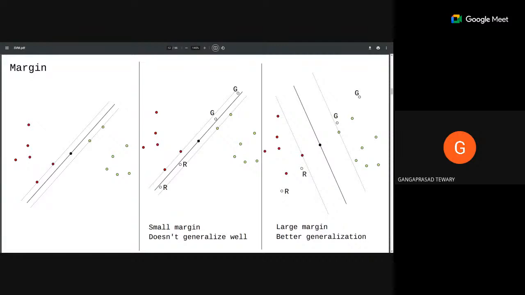Sorry, I'm trying to say, sir, that on the right hand side, the figure you have purposefully drawn like that. Those points have been shifted towards the margin dotted line, right? Let us talk about the second diagram and the third diagram.